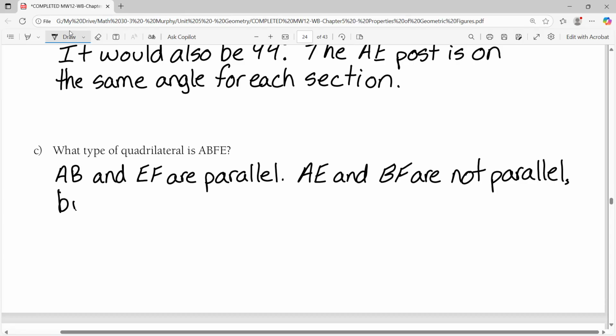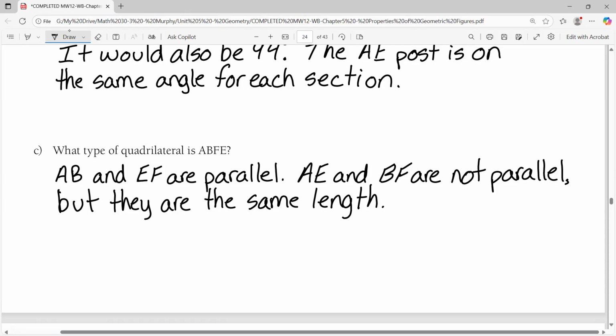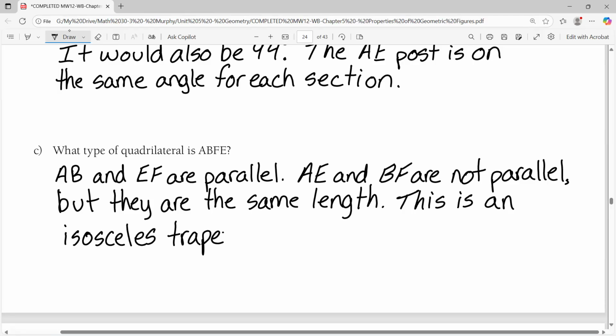But they are the same length. So if you have one set of parallel lines and two sides that are the same length, this is an isosceles trapezoid.